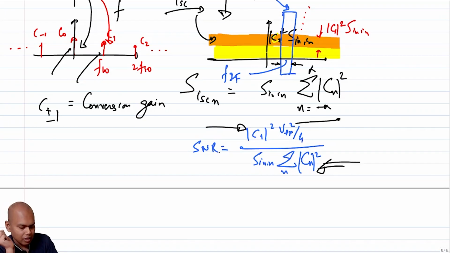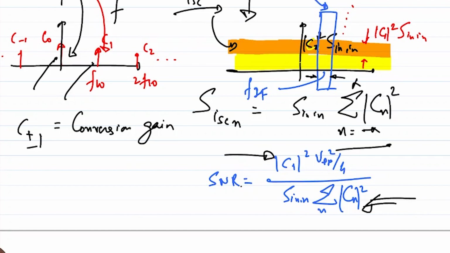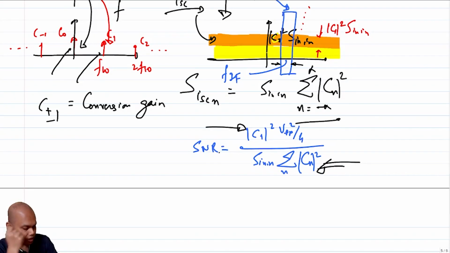Similarly, you can ask the simulator to show you what is the spectrum around 2FLO, so it will show you accordingly. The key thing to note here is that you have to be mindful of the sideband that you are interested in.